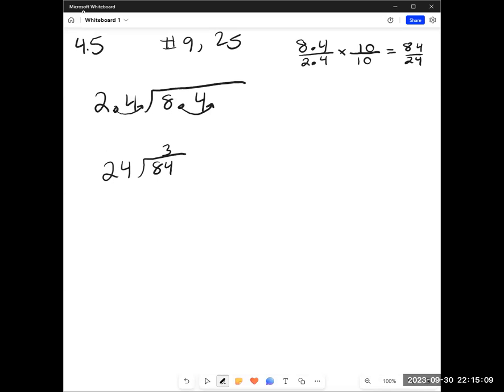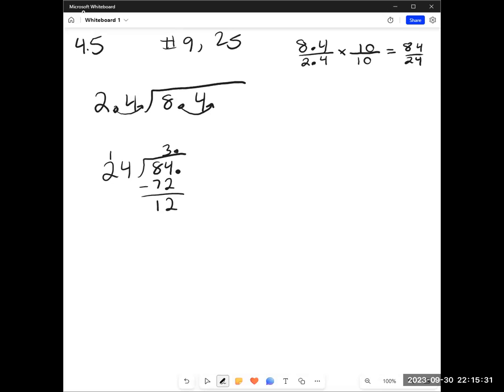I'm going to go down. 3 times 4 is 12. 3 times 2 is 6, plus 1 is 7. 4 minus 2 is 2. 8 minus 7 is 1. 12 is smaller than 24, so I'm in good shape.